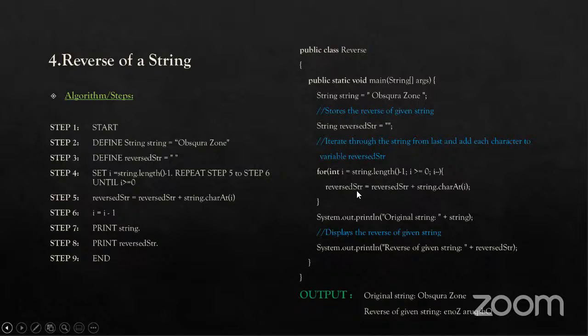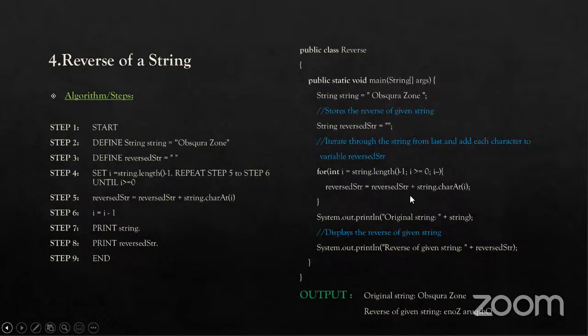Character at i means we get the character at this index position. i is our index position, so when we call the charAt method, we get the character at the ith index position and store it to the reverse str variable. This loop will work until i is no longer greater than or equal to 0.